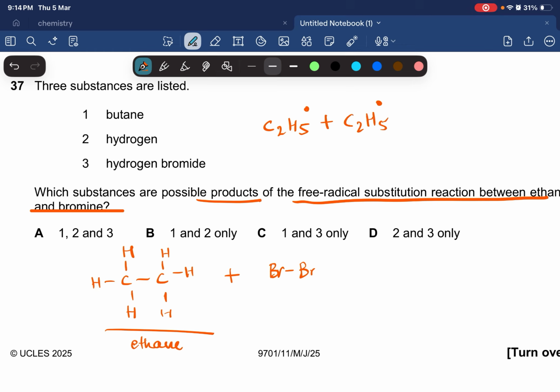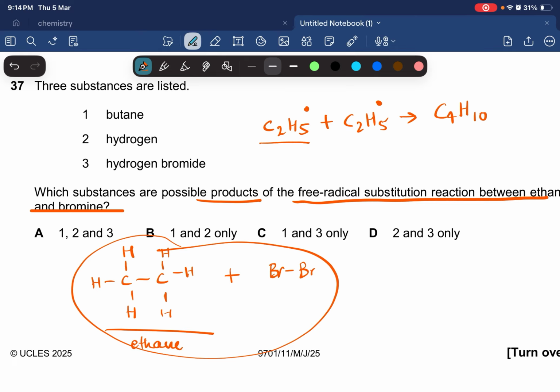So these 2 free radicals can react to form C4H10. This free radical can form, and this free radical can form. And then both of them can react to form C4H10, which is butane. Now, talking about hydrogen, we don't form H radicals, right?